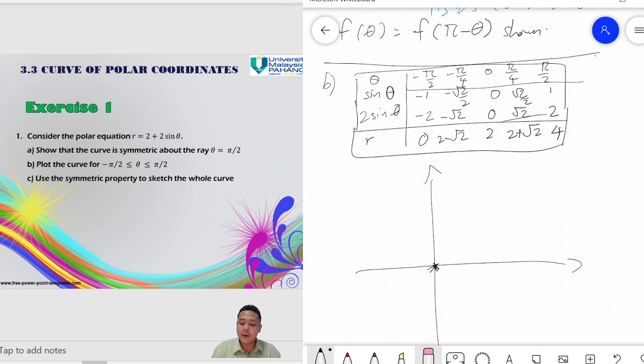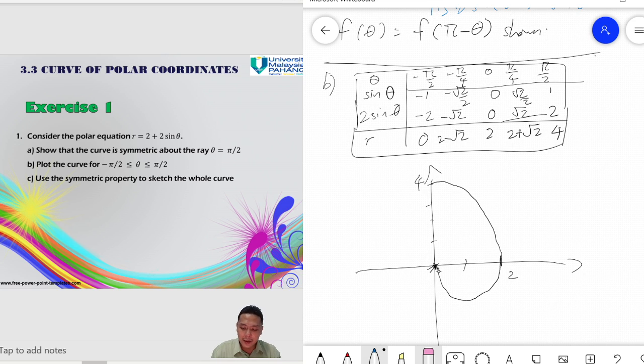Then at negative pi over 4 or negative 45 degrees, it moves to somewhere at this radius. When the angle is 0, r is 2. When the angle is pi over 4 or 45 degrees, it is somewhere around here where the value of r is 2 plus square root 2, and it ends at 4. So I mark 4 at 1, 2, 3, 4. The curve goes until 4.